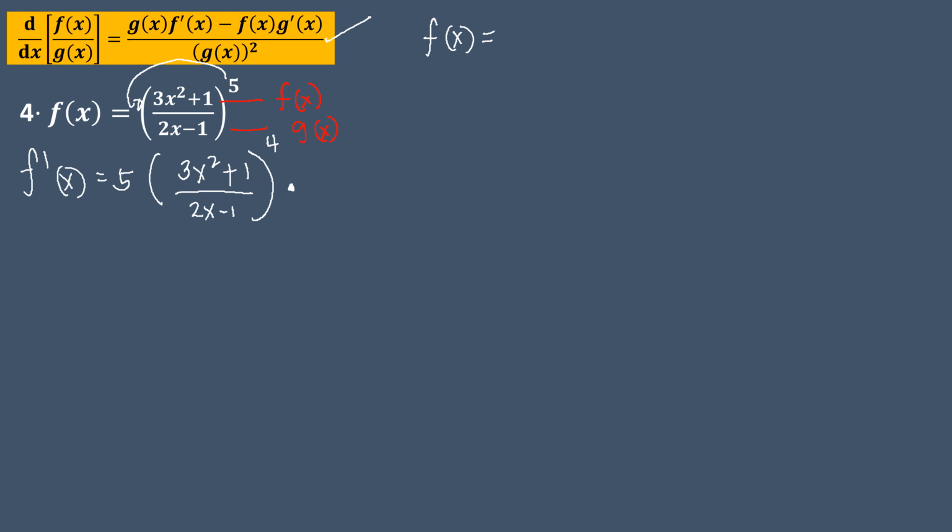So the first function, f of x, is 3x squared plus 1, and its derivative will be 6x, because 2 times 3 is 6x. The second function, g of x, is equal to 2x minus 1, and its derivative will be 2. So g prime of x is equal to 2.